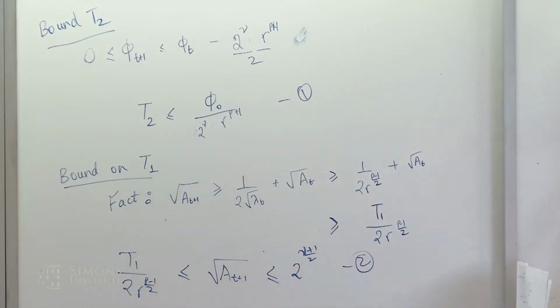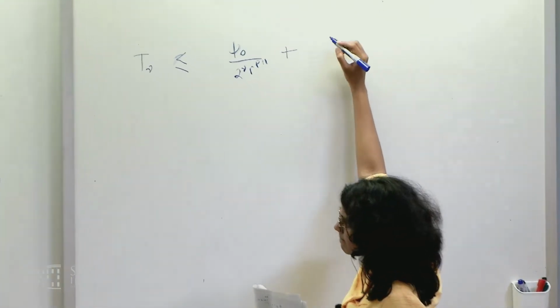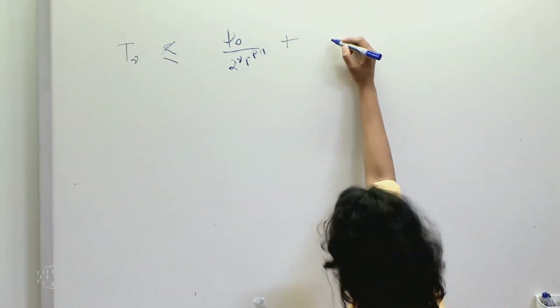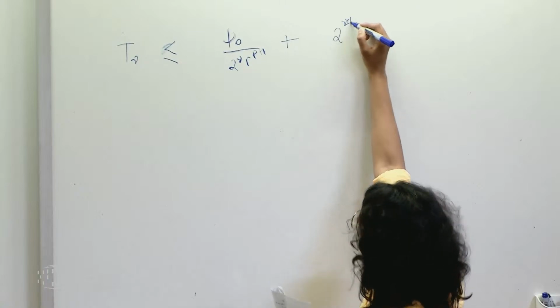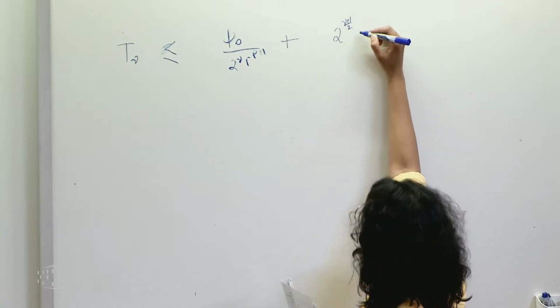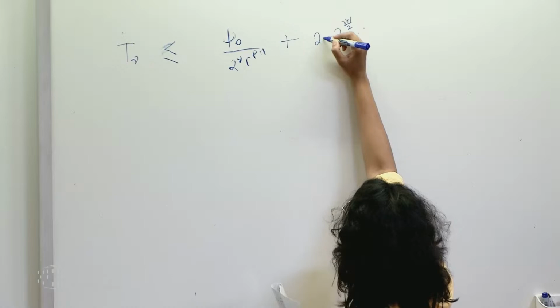So you have that the total iterates in phase nu is bounded by phi_0 by this, times 2 times this.